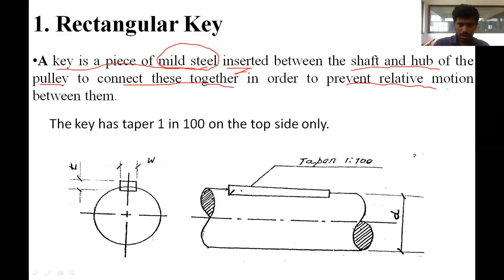The taper is 1 in 100 on the top side only. This deals with the diameter of the shaft, W for the width, and T for the thickness.